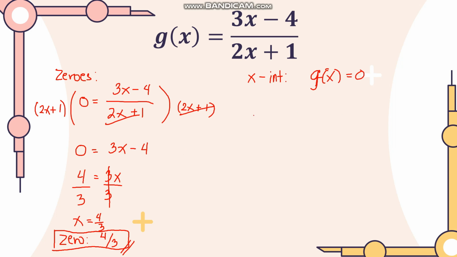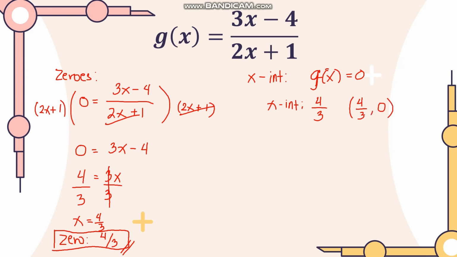Since it's just the same, the steps in finding the zeros and x-intercept are the same. Therefore, we can say that our x-intercept for this given rational function is 4/3. Or, if you're asked to write it as coordinate points, we have (4/3, 0).